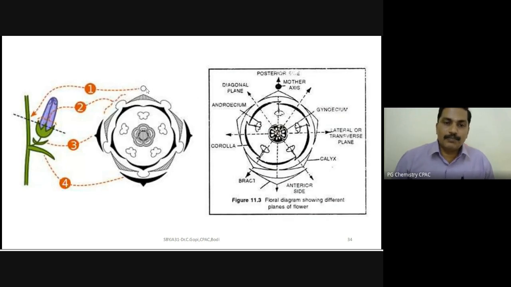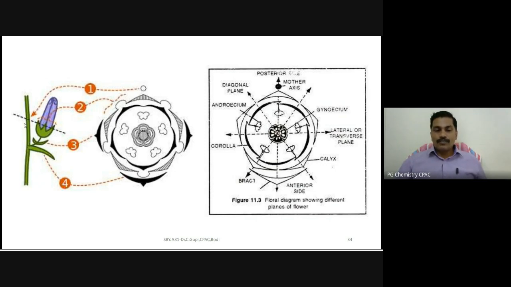The first part, the round mark, that is the symbol of the stem. Then this is the bract, what we call bract. This is the bract, and this is the bracteole. First the flower stalk, the bract, the bracteole, and then the calyx, then the corolla, then the anther, androecium and gynoecium. Okay, this is the floral diagram.